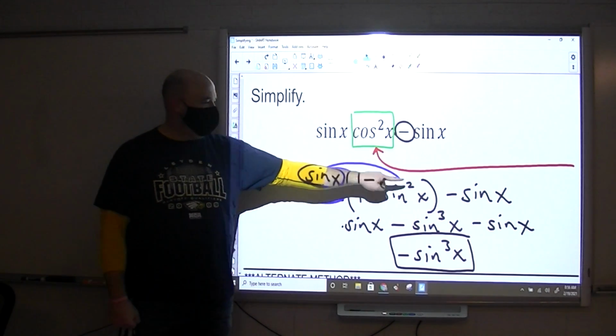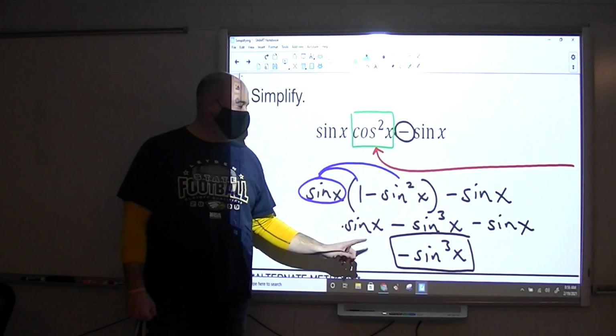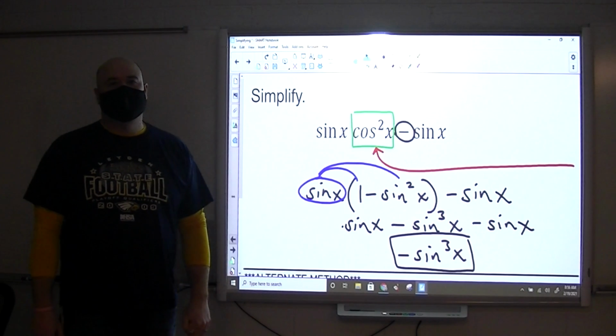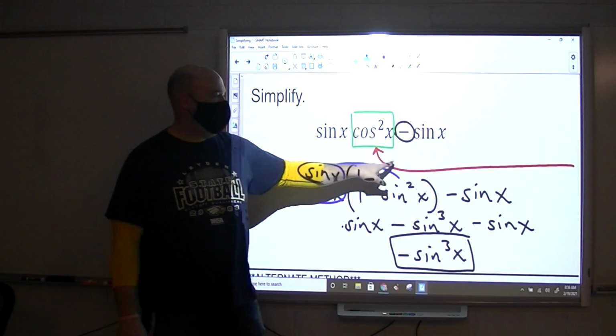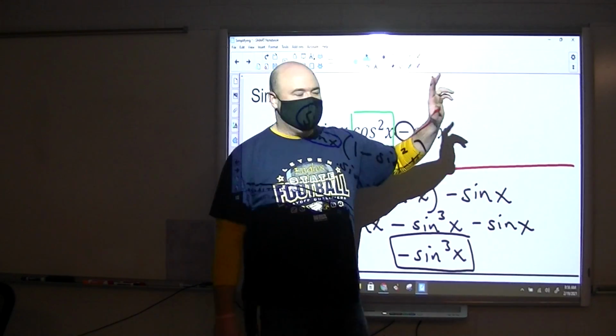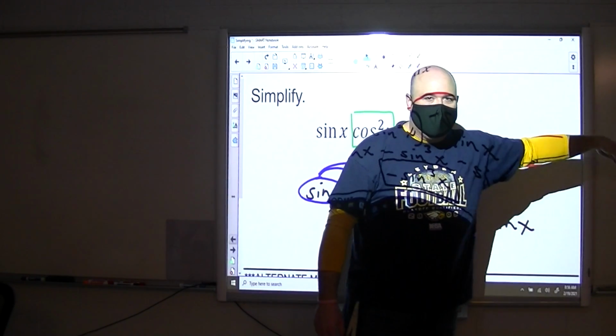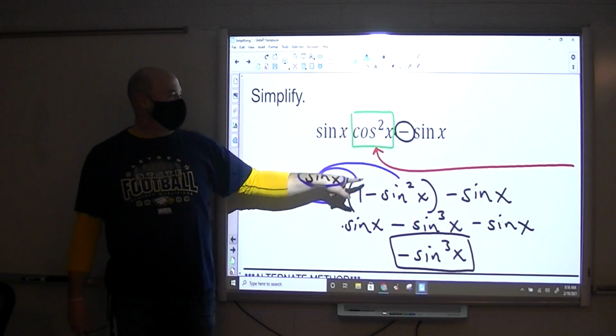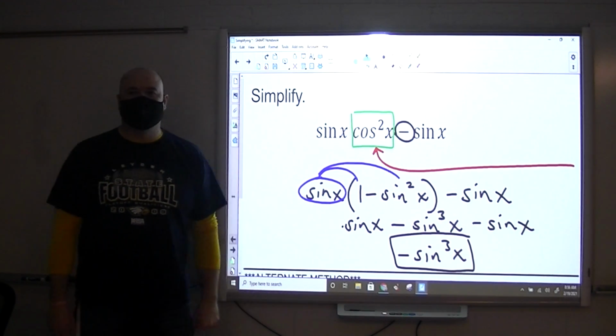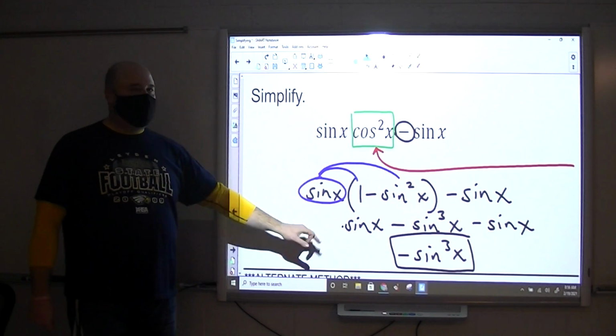And then we distributed and simplified these sine x's out. So we did one substitution, and you see the red arrow. This was because I used this whiteboard over here as my margin, and then I drew back in what I was substituting for cosine squared. And we end up with this.